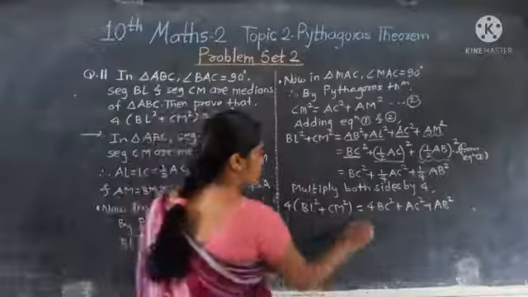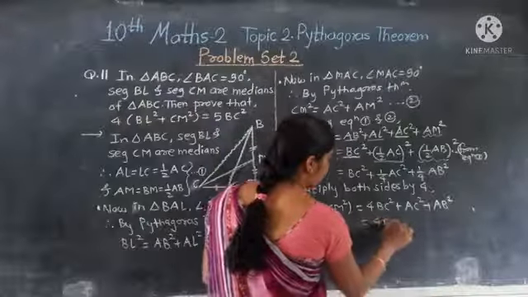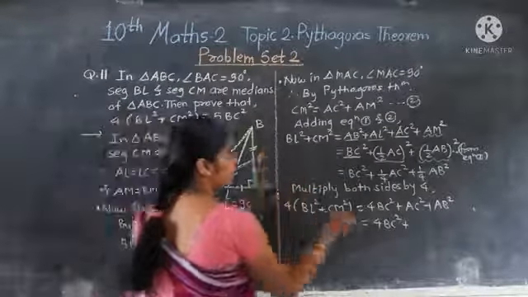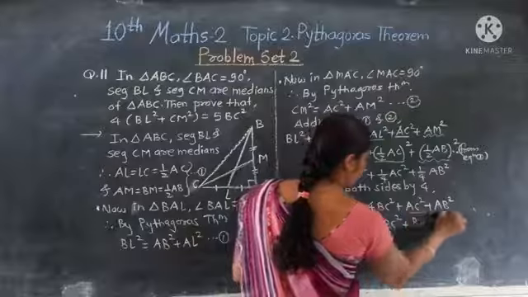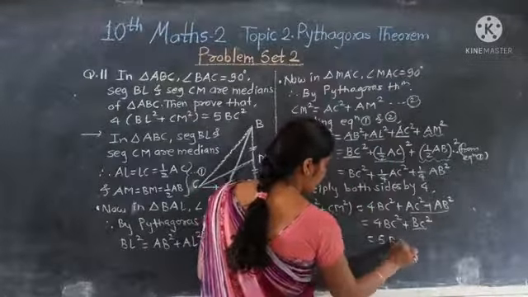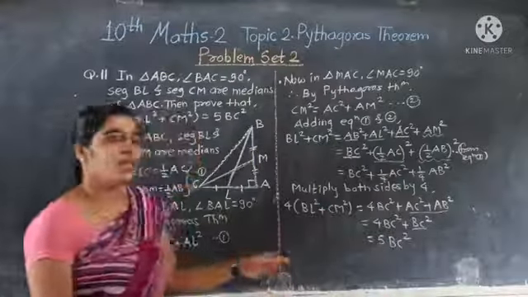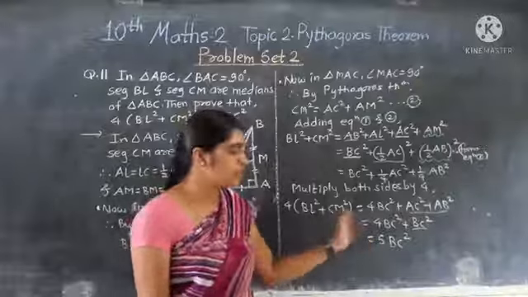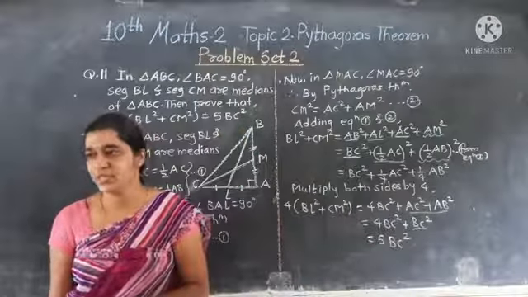Okay. So here 4 BC square as it is. AC square plus AB square is nothing but BC square. You write BC square for this. So you get 5 BC square. So the final answer is 4 into bracket BL square plus CM square is equal to 5 BC square.